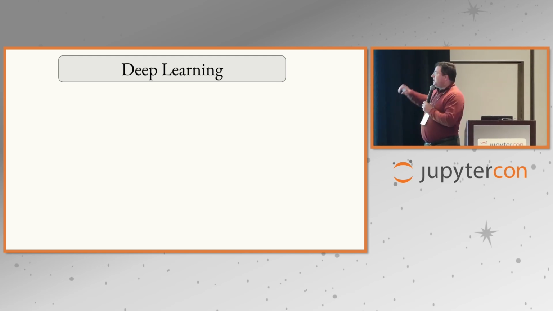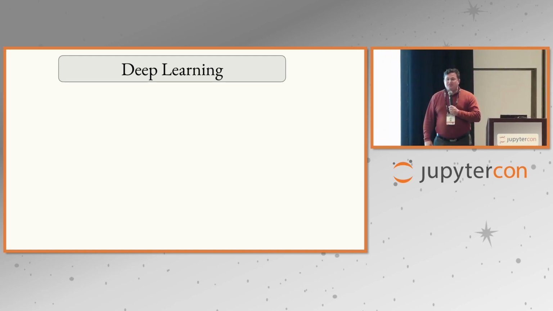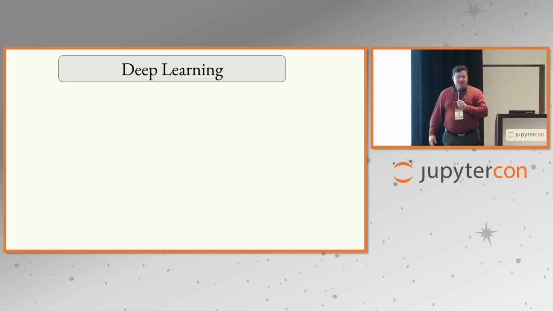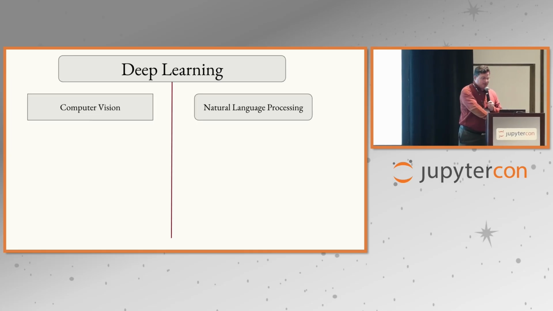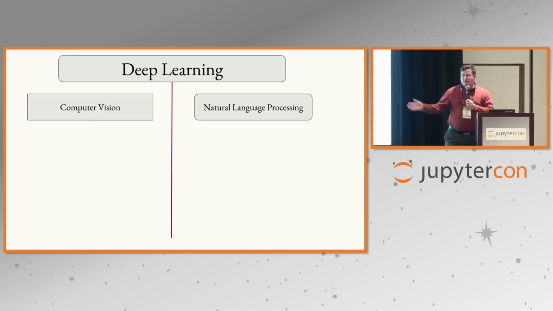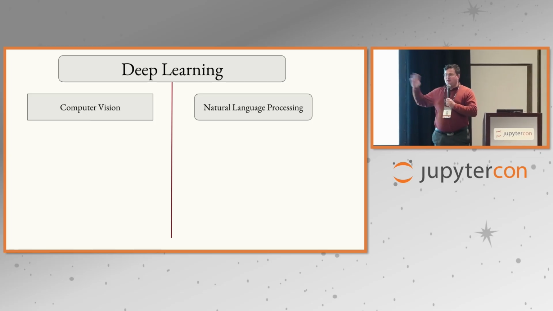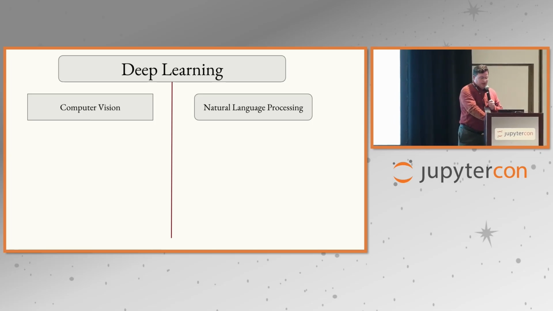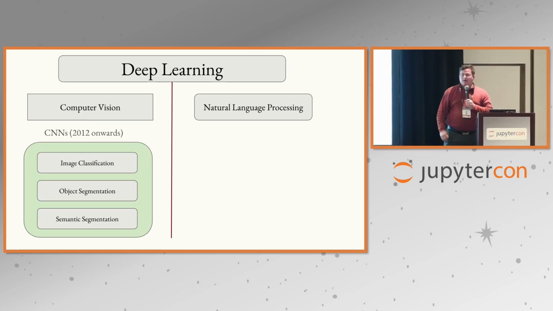So the latest decade basically has all been deep learning, driving this latest wave of AI. Computer vision and natural language processing, NLP, have been the two big areas of this.